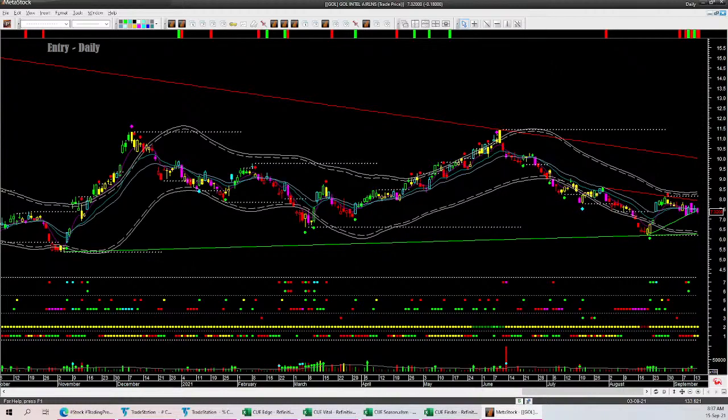GOL, this is an airline stock. It technically broke below this trend line support, but not convincingly. For practical purposes, it is moving sideways now. It was in a Q squeeze. Still, it has not gone out of the squeeze because the squeeze dot has not turned green.